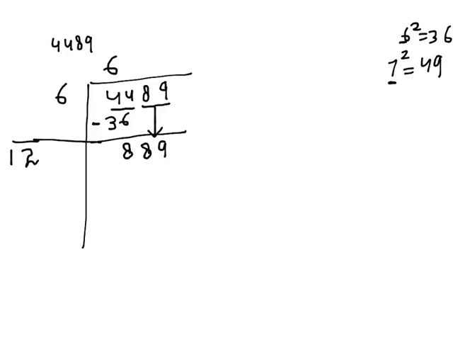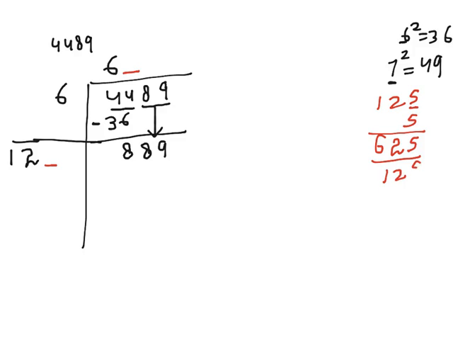Then we have to find the next digit over here and over here, so that the multiplication gives a number less than or equal to 889. If I start with 125, it means I am taking the digit as 5. If I check, 125 times 5 gives a number less than 889, so we can carry forward.